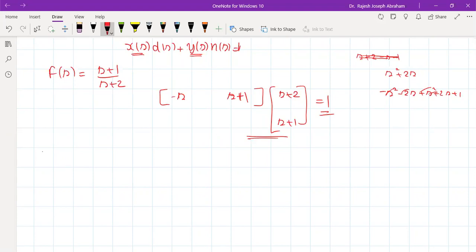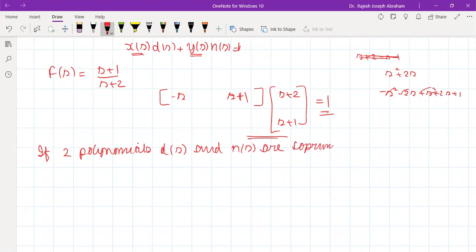Okay. So what's the advantage of being co-prime? The rational function is further irreducible. Okay. If two polynomials D of S and N of S are co-prime, then the rational function N of S by D of S is irreducible.